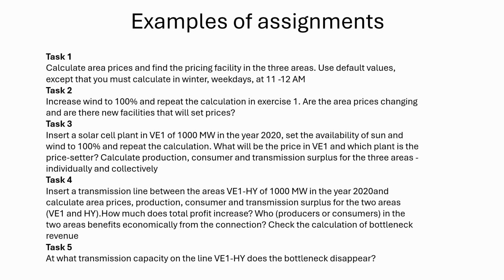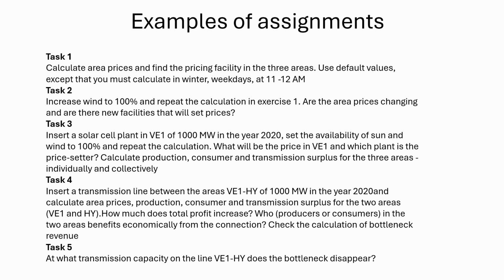In the first task, you should calculate the area prices and find the price setting utility in the 3 areas. You should use the default settings, except that you should calculate on a weekday during wintertime, between 11 and 12 a.m.